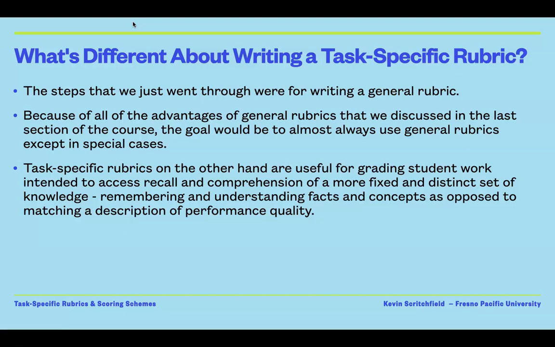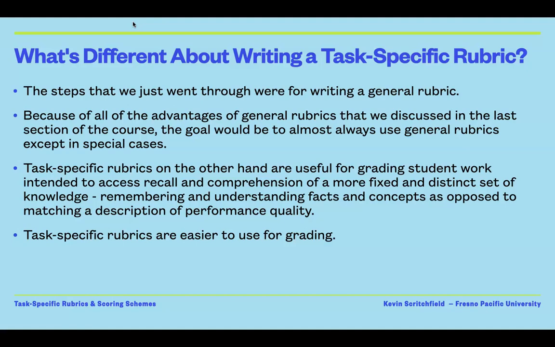That specific knowledge is really what we're trying to measure. That would be remembering and understanding facts and concepts, as opposed to matching a description of performance quality. That's the difference in the assignment type that would lend us more to want to use a task-specific rubric.